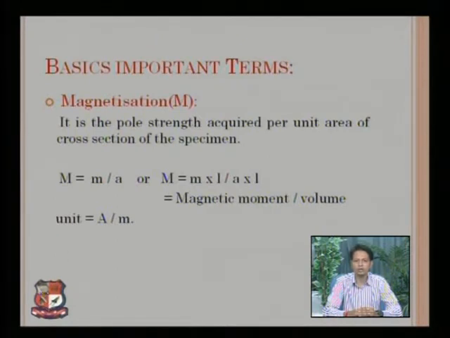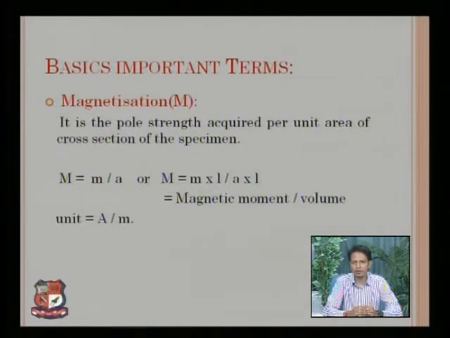As you can see in the slide, capital M represents the magnetization, which is equal to m, that is the pole strength, divided by A, and small a represents the area of cross section.